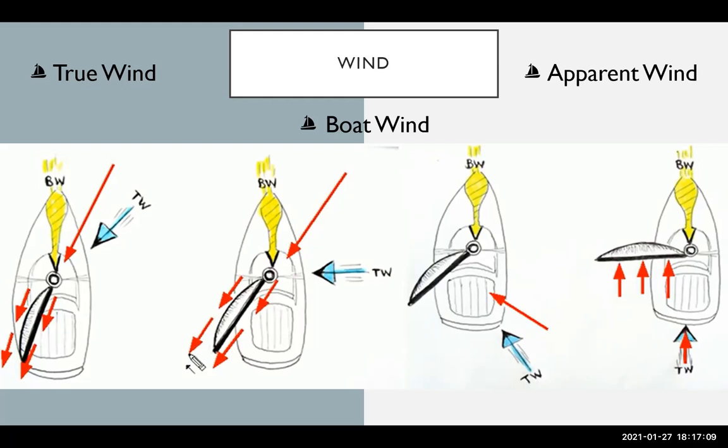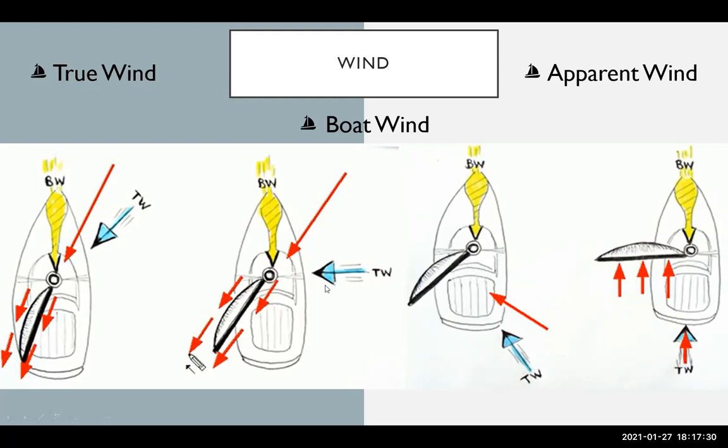On picture 3 right here, we have a broad reach, meaning you're going not directly downwind, but you have the wind catching towards the broad quarter of the boat. You have it coming from behind the beam.